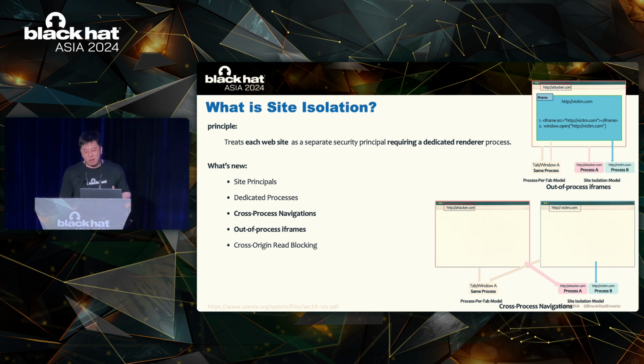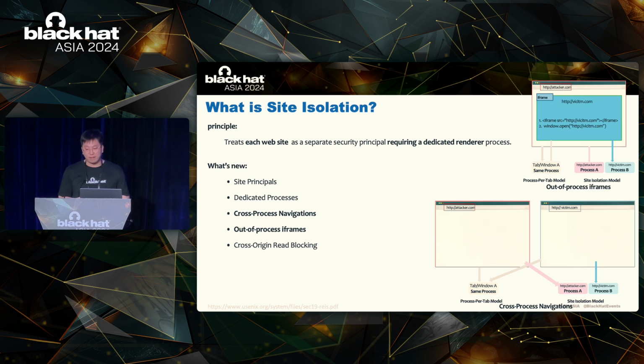There are mainly 5 new features added in site isolation according to the paper. Among them, site principals and dedicated processes are concepts used to define the implementation method of site isolation.